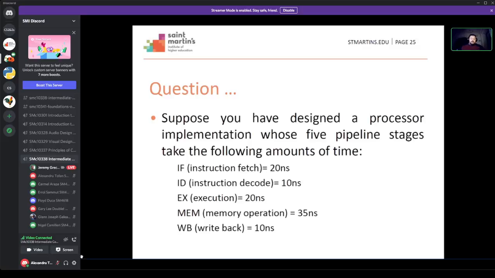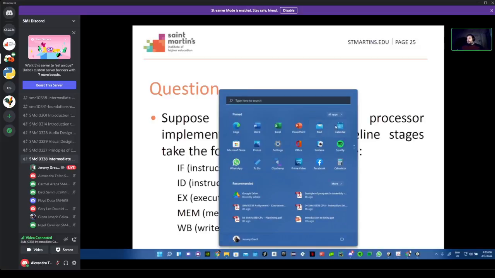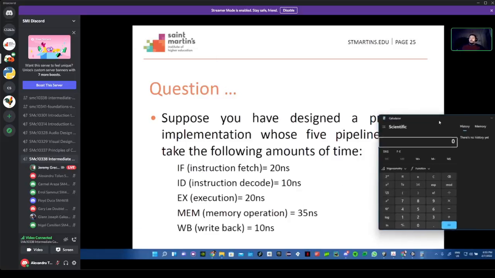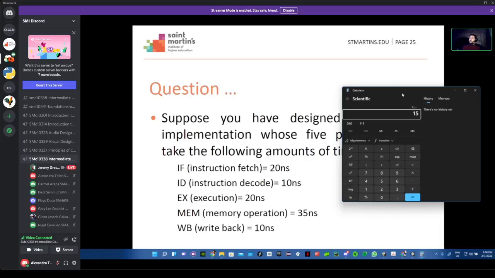So essentially what we're saying here, if we take a calculator so that we understand what's going on, we'll have 15 plus 25 plus 15 plus 25. We'll have 80 nanoseconds wasted, if you will, in order to move from one instruction to the next.